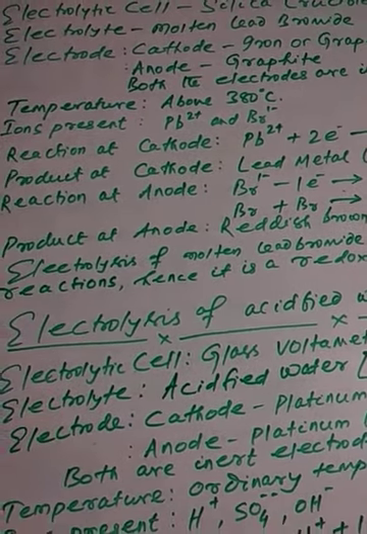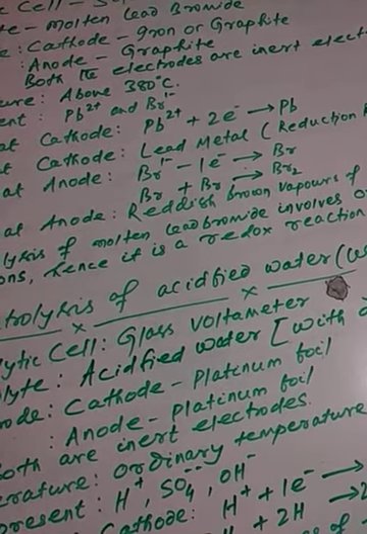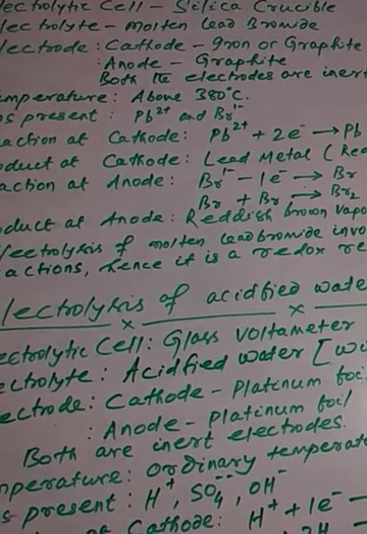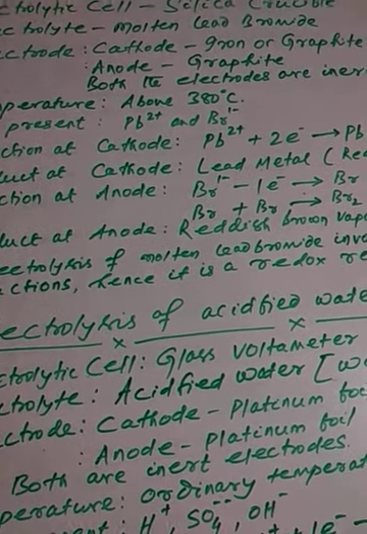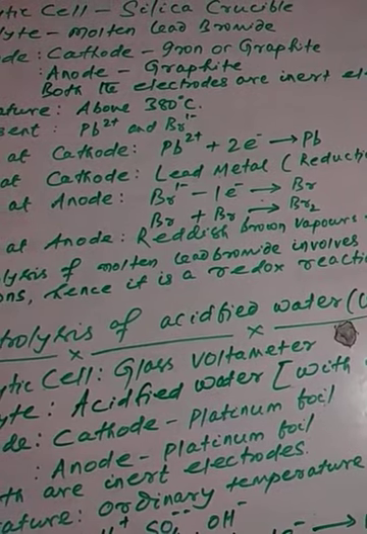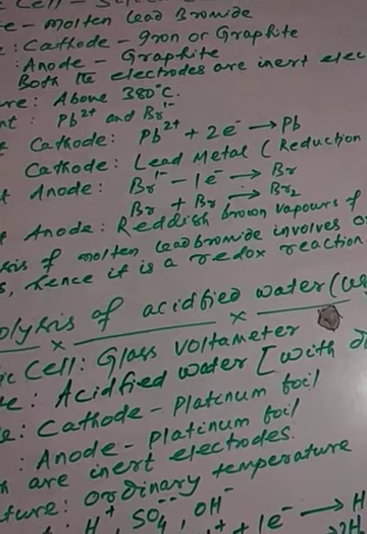The cathode is an electron donor, and metallic lead ions need electrons to discharge at the cathode as neutral lead atoms or metallic lead. Hence, lead ions gain electrons to form metallic lead atoms. The lead atoms are then deposited as a silvery grey deposit around the cathode.